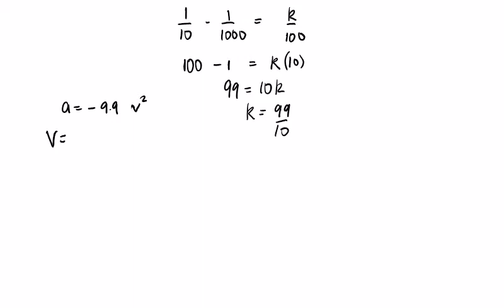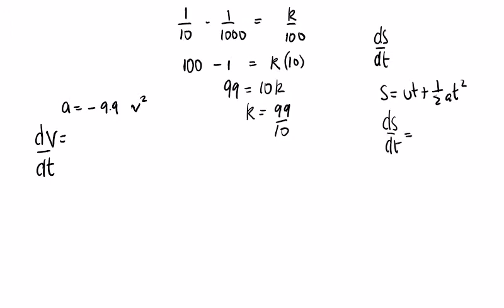We know acceleration is dv/dt, so let's set up how we get back to distance here. My velocity is ds/dt, isn't it? Let's just double check that. We're trying to get back to s. S is equal to ut plus 1/2 at squared. So ds/dt is equal to u plus at, which is my velocity. So my velocity is ds/dt.